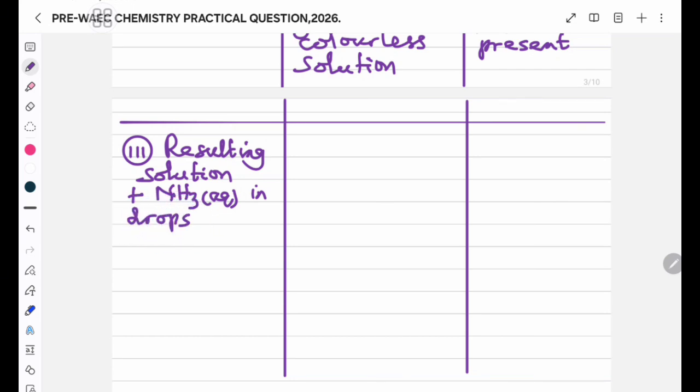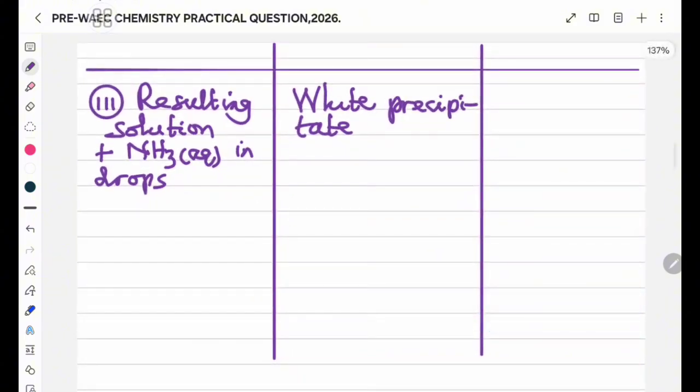When you add in drops, what would you observe? White precipitate will also be formed.